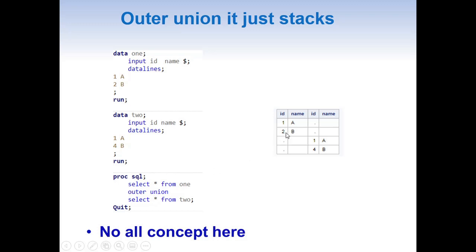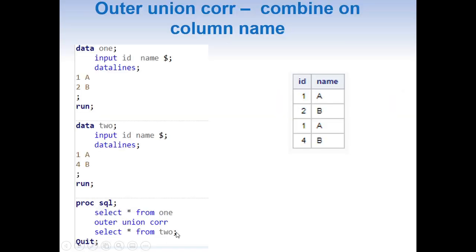Here you can see that simple outer union just stacks. But what it does not do is combine the variable names. This kind of results are pretty useless. So outer union without CORR does not make much sense. So whenever you use outer union, use CORR.